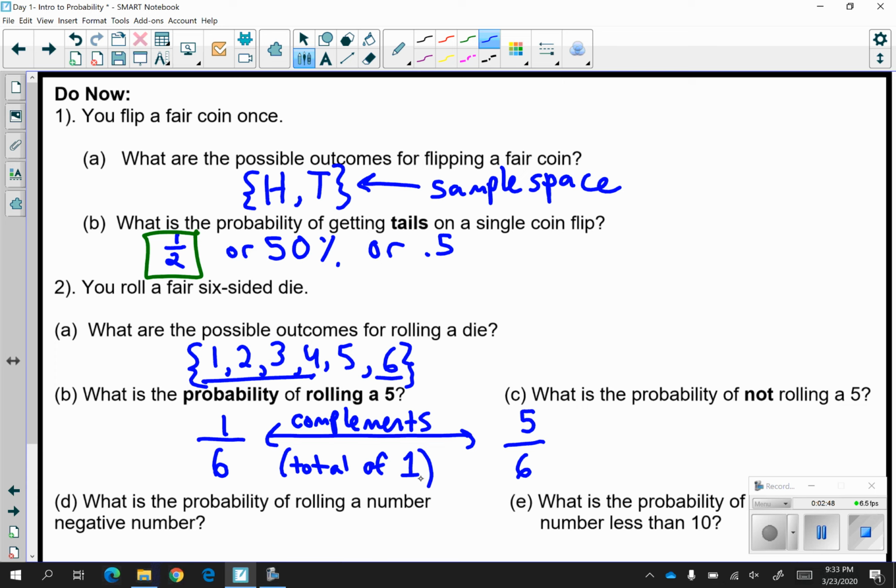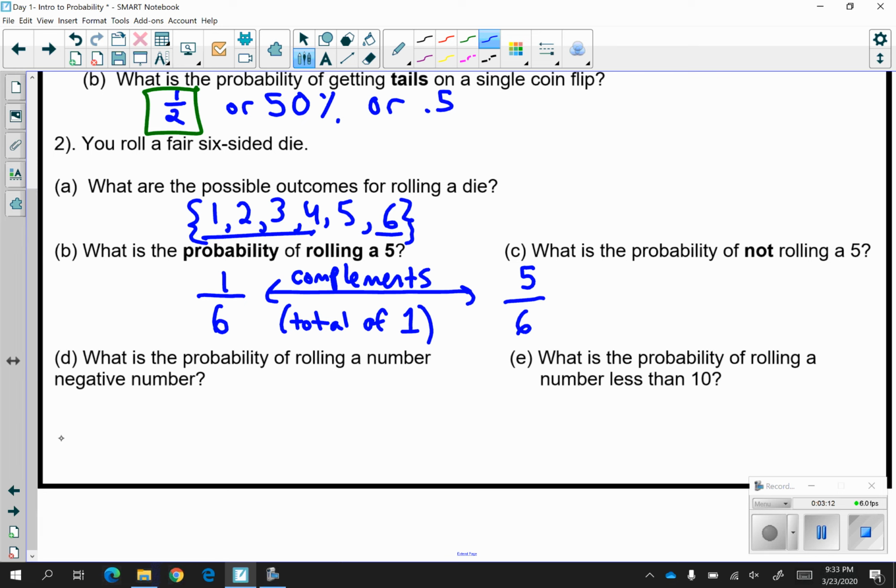So a complement is when you have the probability of something happening and the probability of something not happening, right? If there's a 1/6 probability that it's going to happen, there's a 5 out of 6 chance that it's not going to happen. Together, they make up a total of 6 out of 6 outcomes, or 100% of your outcomes.